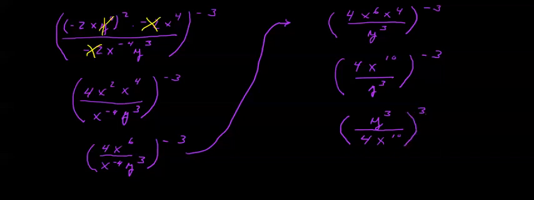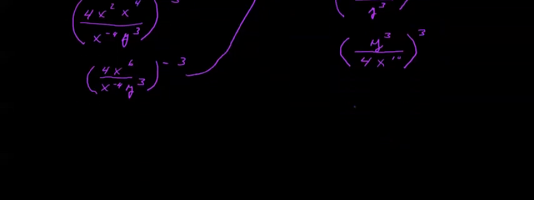All right? If I make everything a negative exponent, it's going to flip-flop, numerator and denominator. And I'm almost done. Y to the 9th over 64, 4 to the third is 64, x to the 30th power.